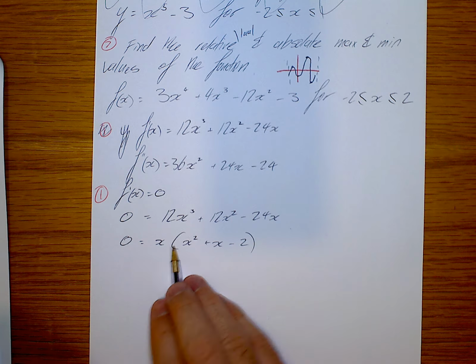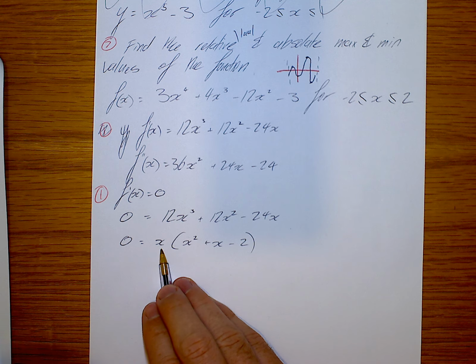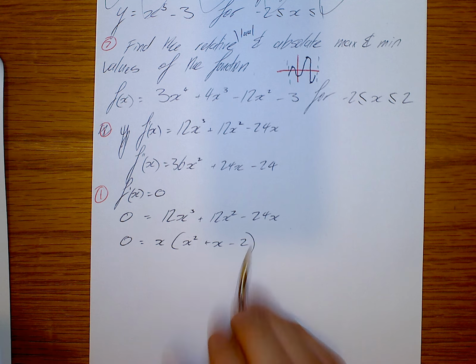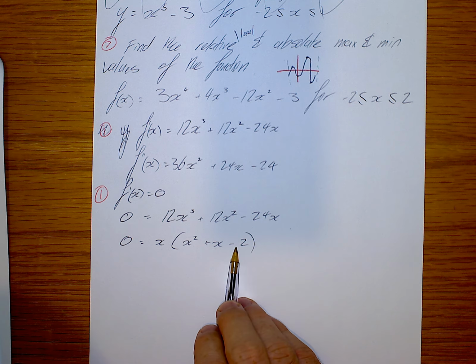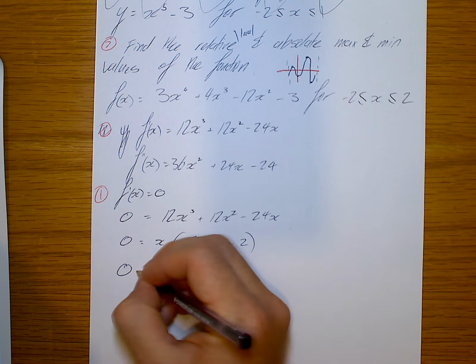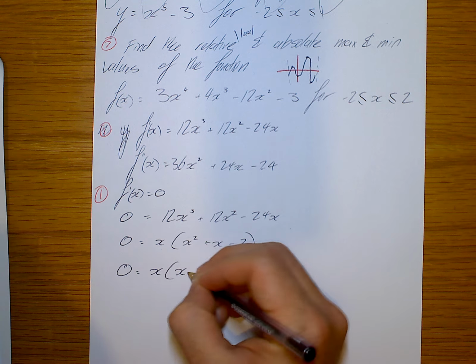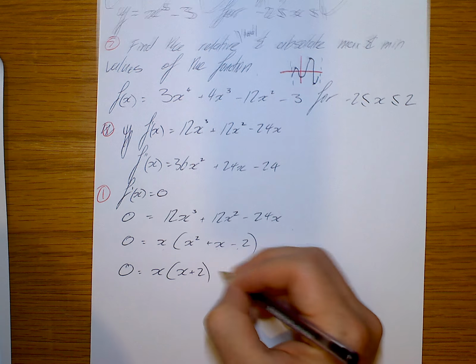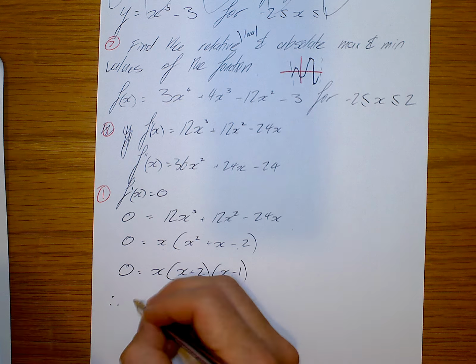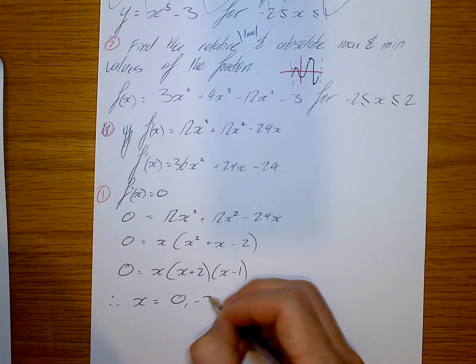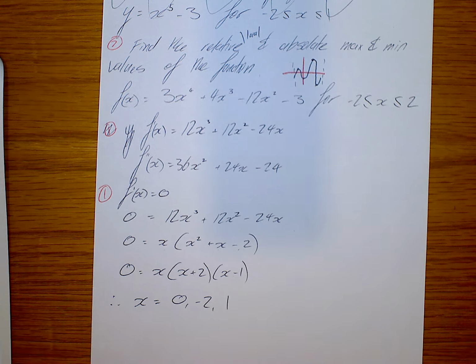Okay, so I know one of them is going to be 0. I know one of my points is going to be 0. This is going to be 2 and negative 1. Hence, x will equal 0, negative 2, and 1.